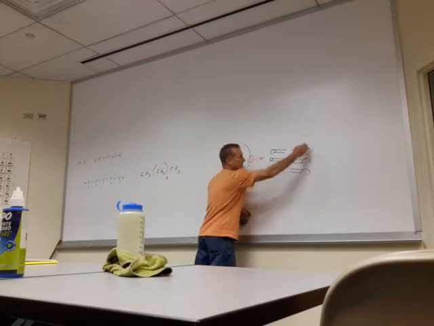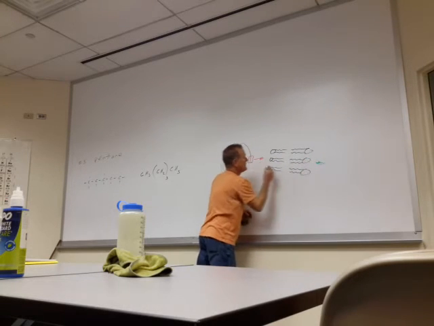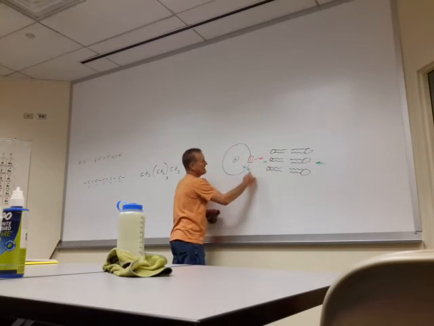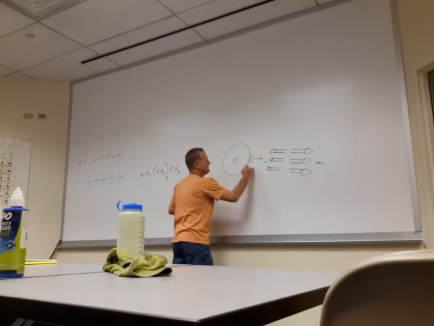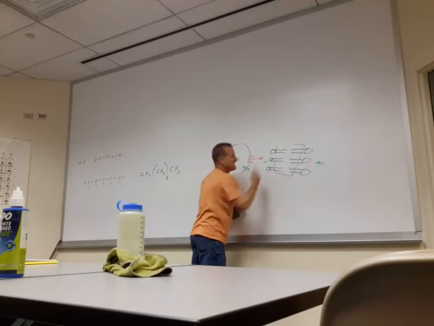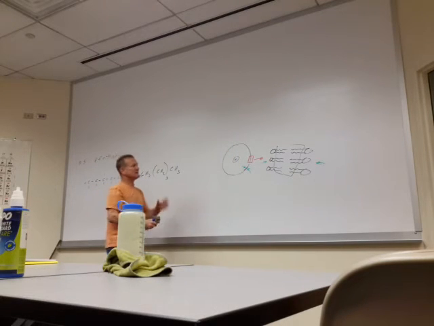The outer portion of the membrane is also hydrophilic because of the phosphate groups. The core of the membrane is fatty because of the hydrocarbon chains.